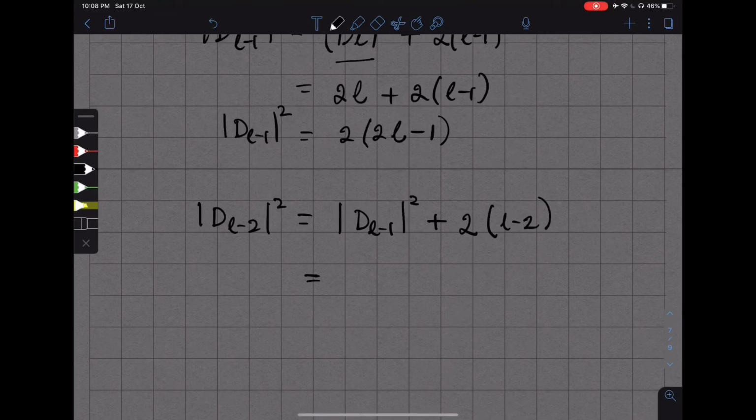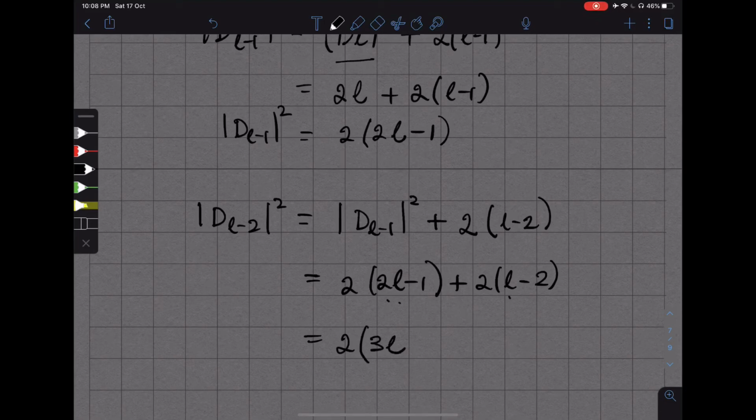So this is going to be 2 times (2L minus 1) plus 2 times (L minus 2). Then we can write this as 2 times, how many L's are there? 2L plus 1L is going to give me 3L, and then I get minus 1 from here and minus 2 from there. I'm not going to simplify because there will be a pattern emerging.